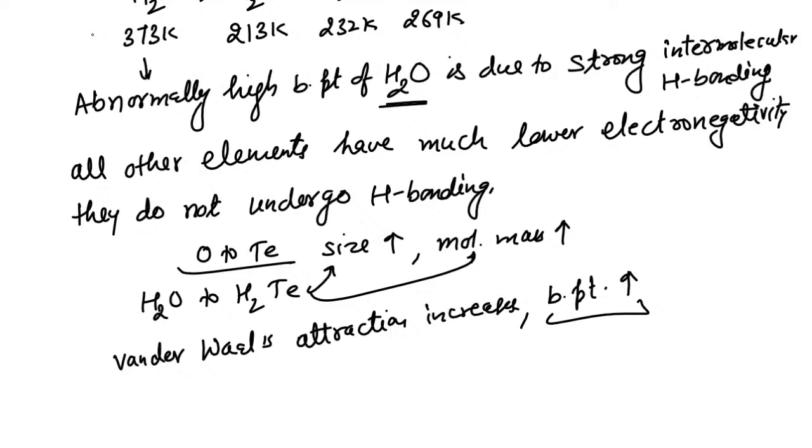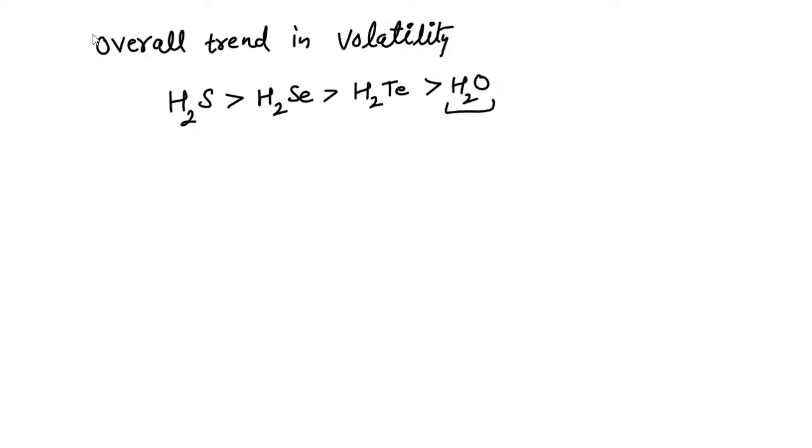Overall in volatility, the order is H2S, then H2Se, then H2Te, and last is H2O. This is all about the trend in volatility.